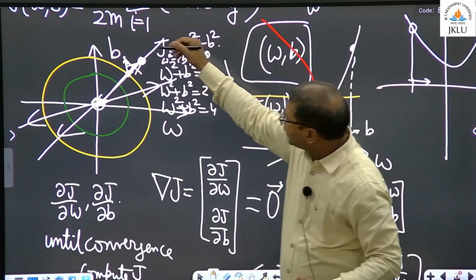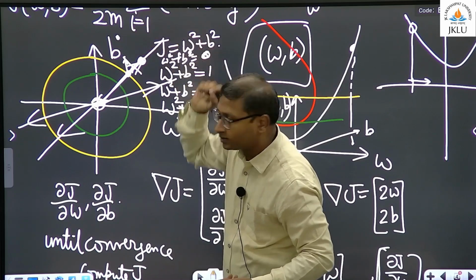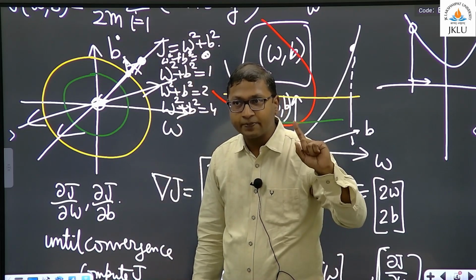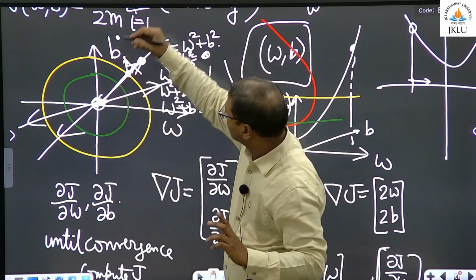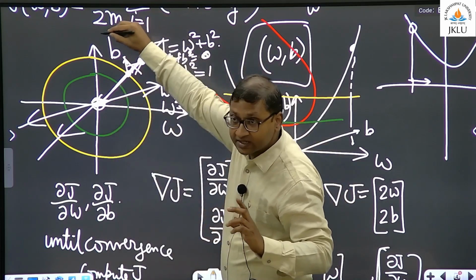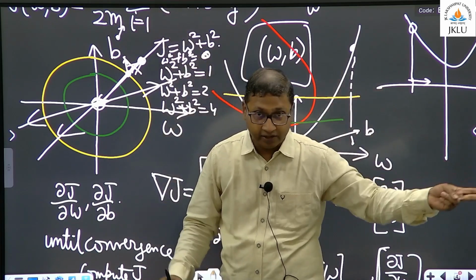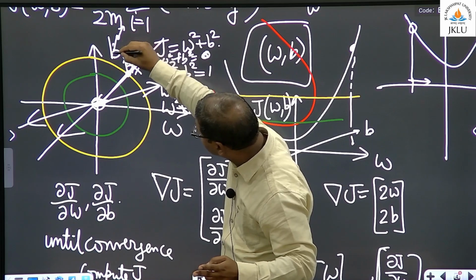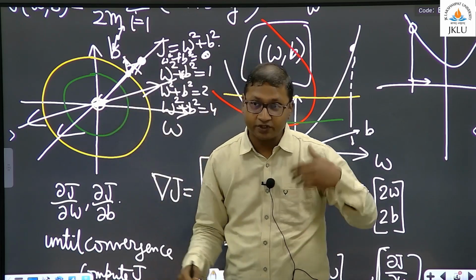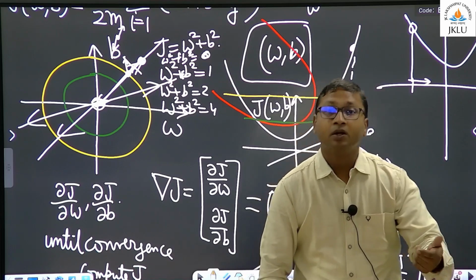No matter which point you take, if I take a point here, which will be the steepest increase? Perpendicular to the concentric circle here, goes in this direction. I go in negative direction of this direction. This passes through my 0 comma 0, which is the minima.